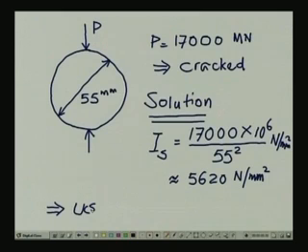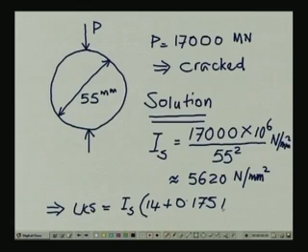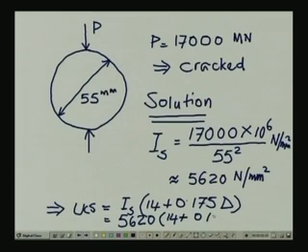UCS is going to be equal to I subscript s, and this expression was again given in the previous day's lesson, multiplied by 14 plus 0.175 times the diameter of the specimen, and that in turn is going to be equal to 5620 multiplied by 14 plus 0.175 times 55.